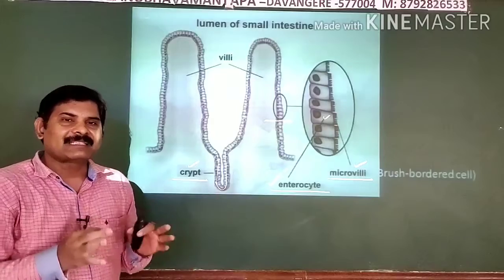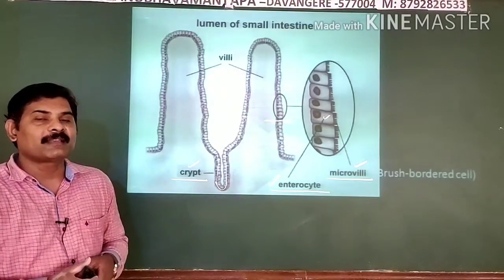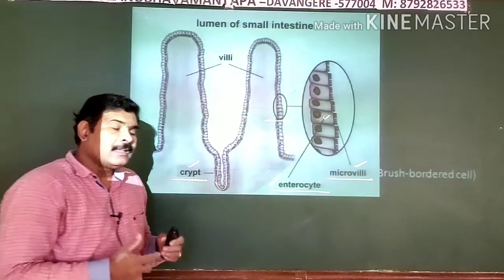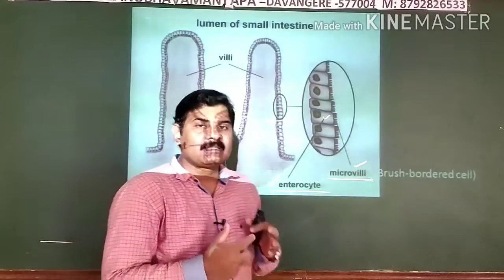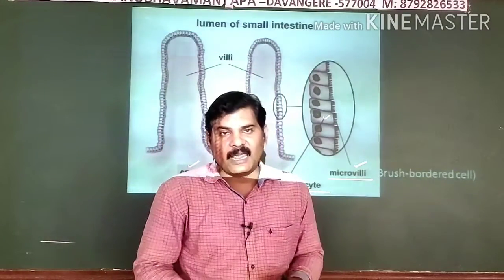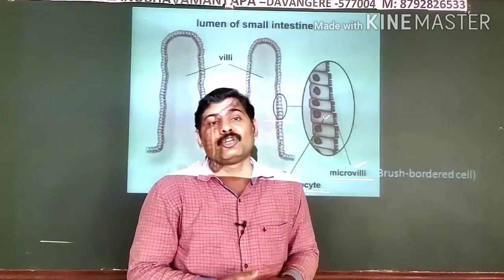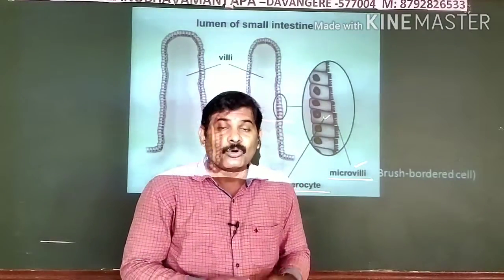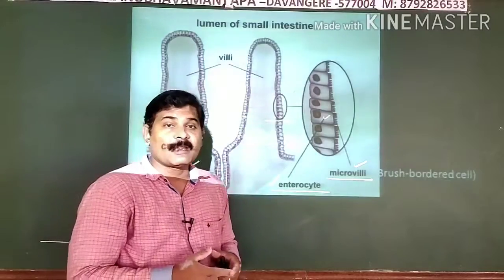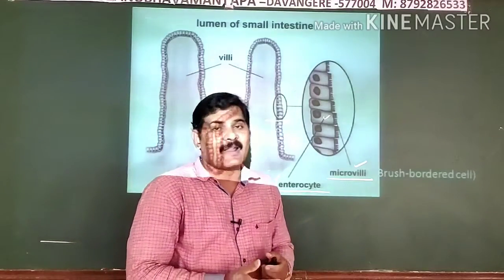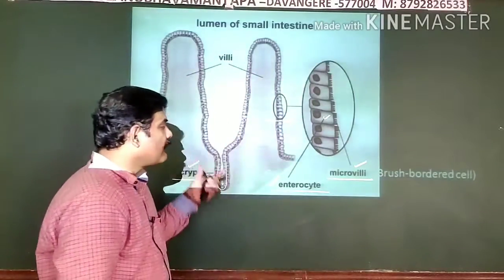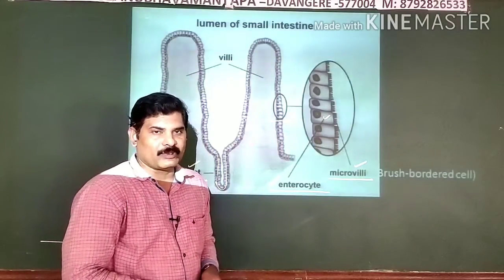Then what is the use of the villi as well as the microvilli? Villi and microvilli increase the surface area of your intestine, so that more of the food is absorbed into your bloodstream. So, to increase the surface area and promote the absorption of digested material, the villi as well as the microvilli help us.